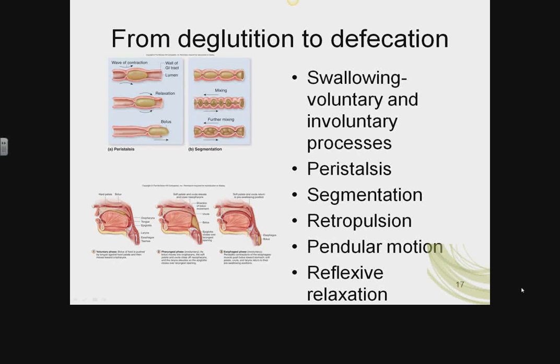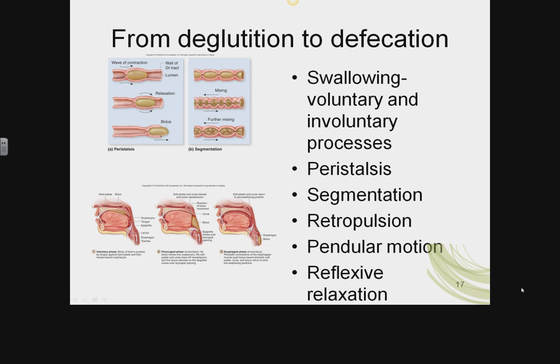There can also be pendular motion, and by the way, peristalsis occurs in your esophagus, peristalsis occurs in your small intestine and large intestine. Segmentation occurs in the small intestine, and it increases mechanical breakdown of the food. And pendular motion is where the small intestine uses peristalsis, but it swings back and forth, and that helps with more mixing of the digestive enzymes with the chyme.